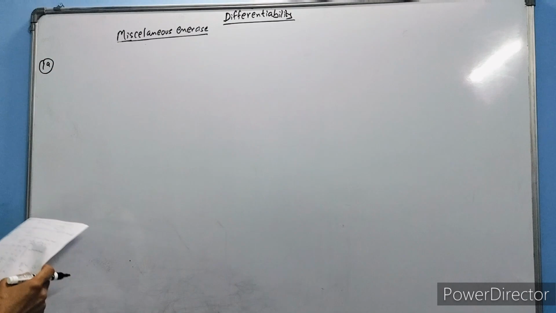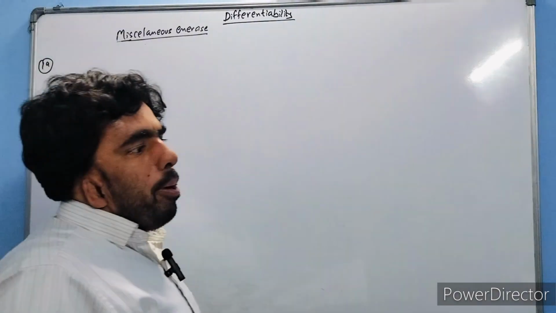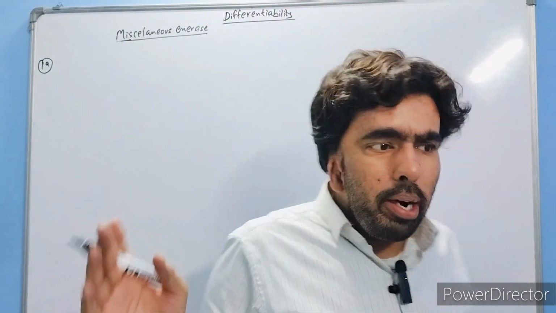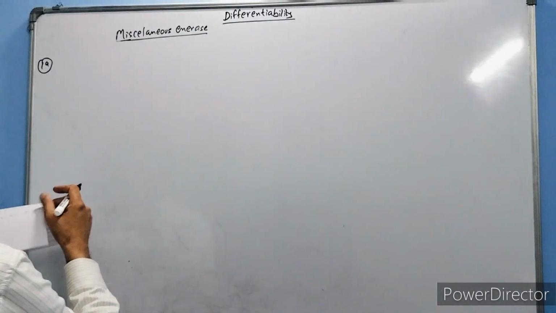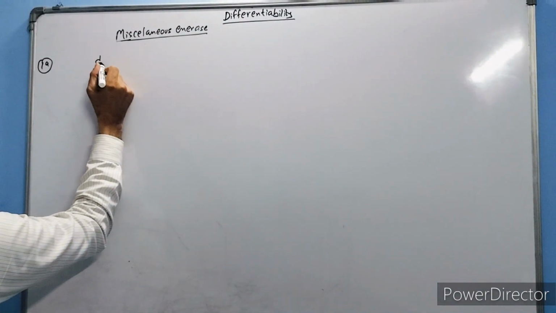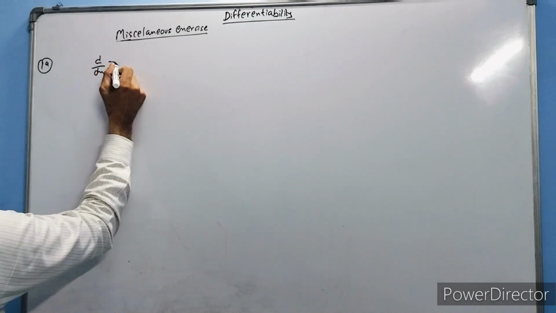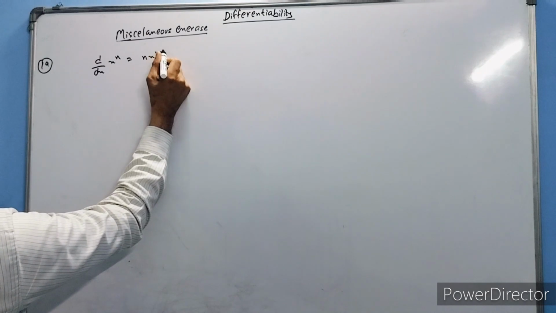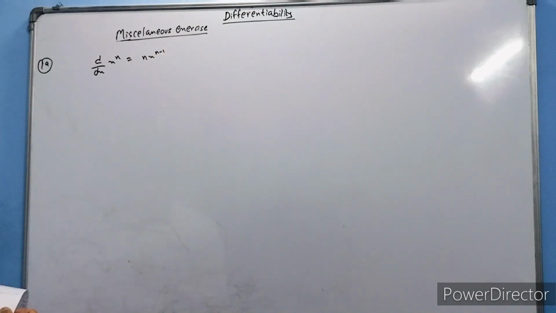What they have given is that we have to use mathematical induction, which we studied in class 11th. We need to prove that the differentiation of x power n is n x power n minus 1, for all positive integer values of n.